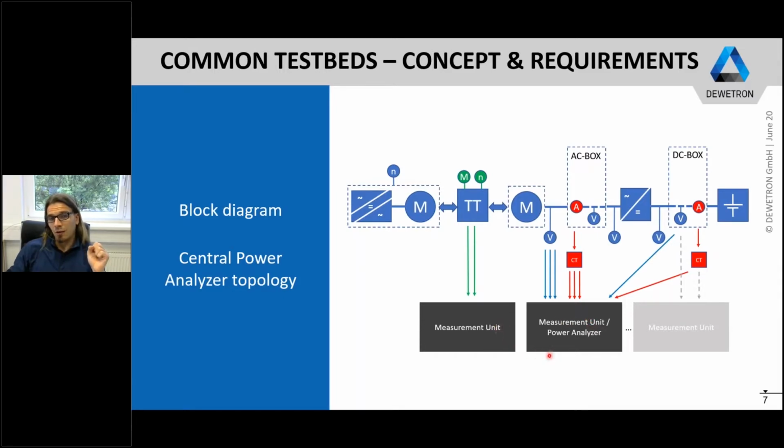If you are lucky and your power analyzer can acquire data of up to 4 phases, you can connect all 4 different phases to one central measurement unit, but it is also common that a power analyzer can only acquire up to 3 phases. In this case, you already need a second measurement unit if you just want to determine the electrical efficiency of the inverter. On the other hand, you don't only want to analyze the powertrain in the electrical domain, but also in the mechanical domain.